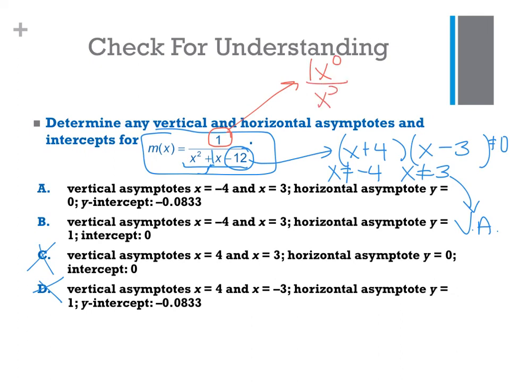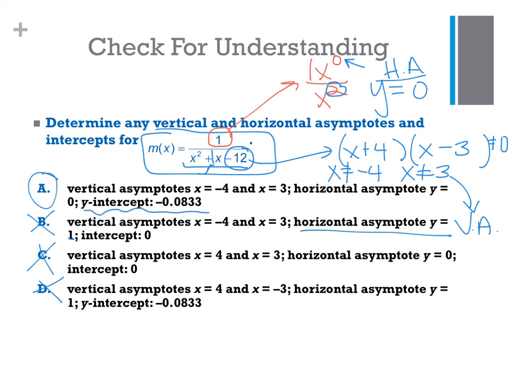I have an x squared on bottom, and since my exponent is greater on bottom than it is on top, 2 is greater than 0, that implies that our horizontal asymptote is at y equals 0, or the x-axis. So looking at A and B, choice B says the horizontal asymptote is at 1, which it is not. We now know that our answer is A.